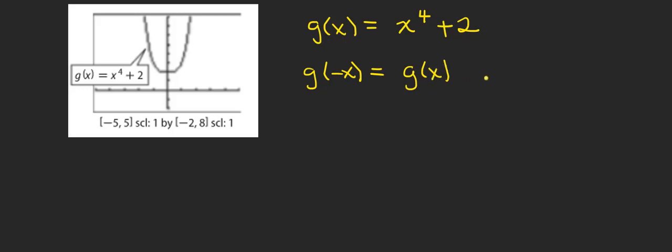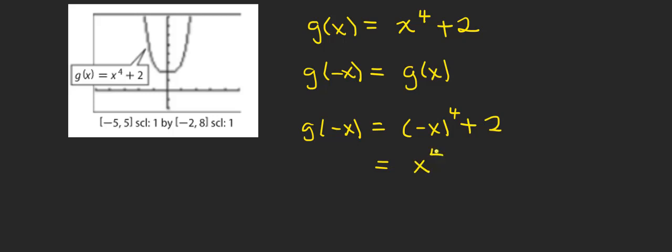If this is true, then g of x is even. So let's plug in negative x. And what's negative x to the fourth power? It's x to the fourth. So indeed, these two are equivalent. So g of x is an even function.